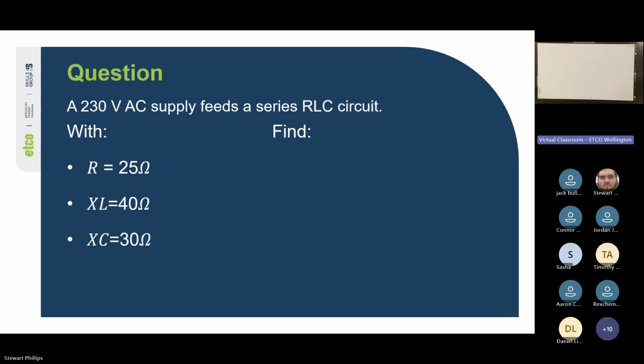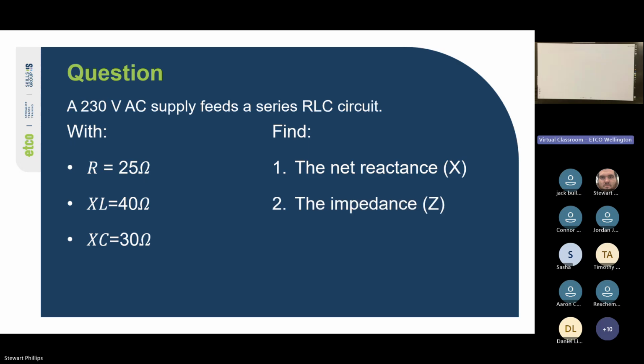We want you to find the net reactance, the impedance, and the current. Once you've found all three of those, again, just post a random emoji in the chat, and then after we get a few, I will start working through it.